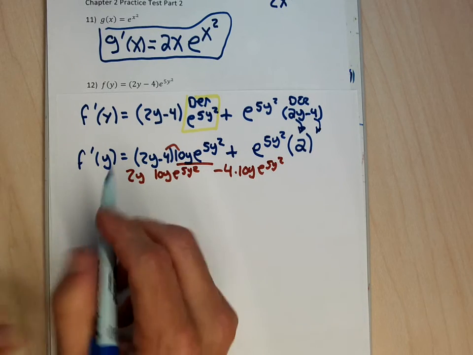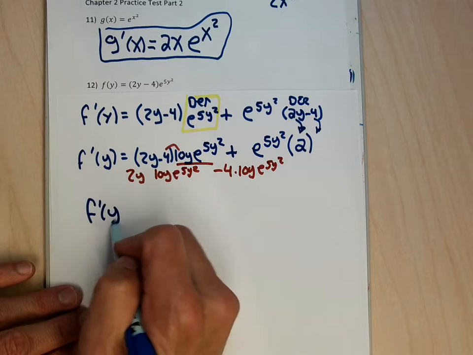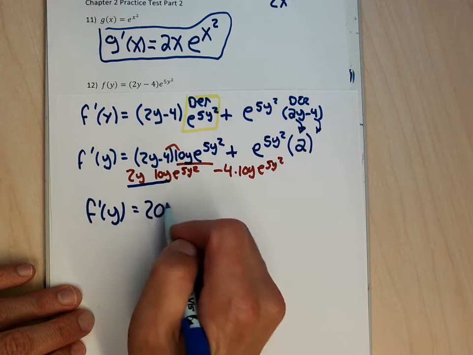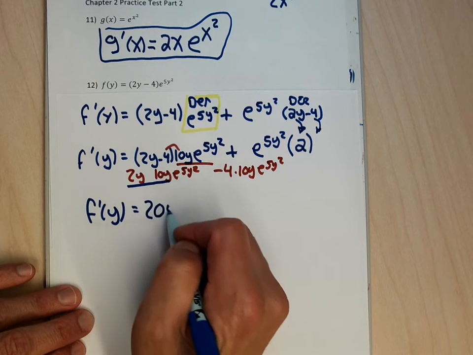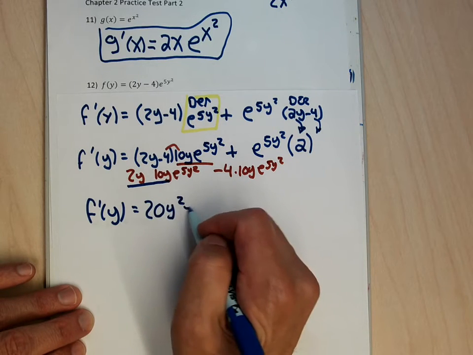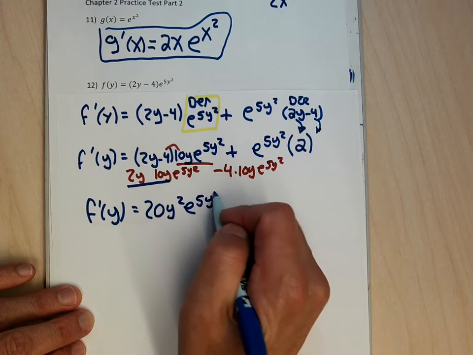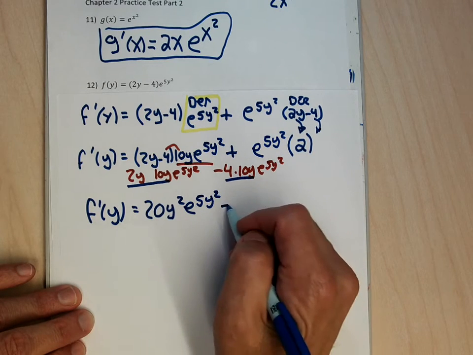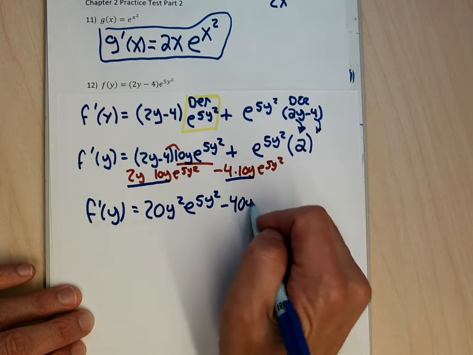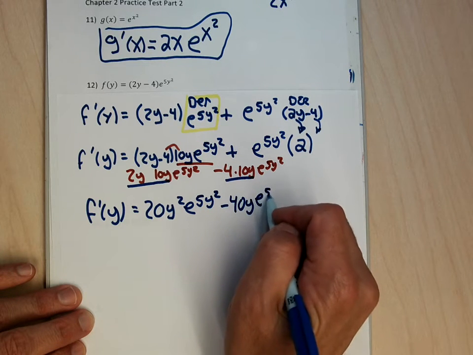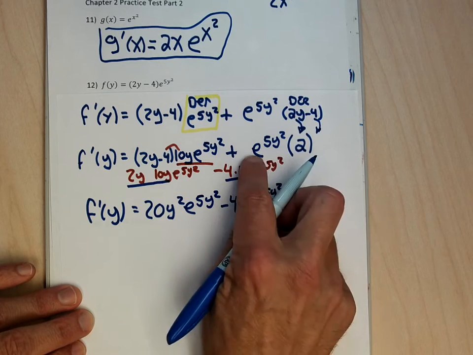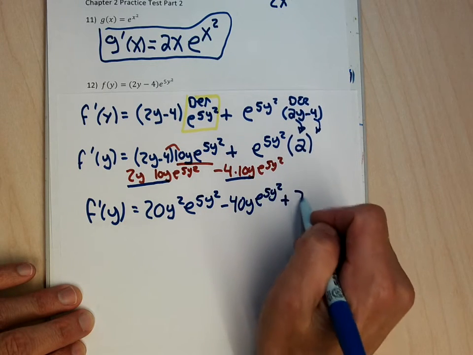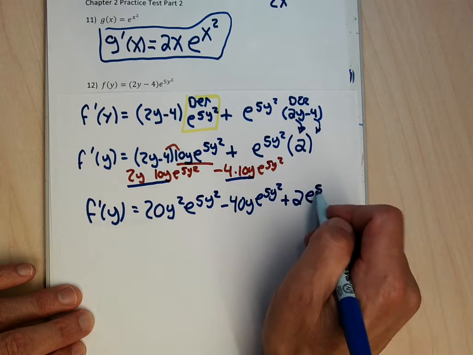And when I clear that parentheses, I'm going to do this multiplication and get 20, which is 2 times 10, y squared, which is the y times y, e to the 5y squared. The next multiplication, I'm going to multiply the negative 4 and 10 and get negative 40y e to the 5y squared. And the last piece, the e to the 5y squared times 2, I'm going to leave this plus sign and write plus 2e to the 5y squared.